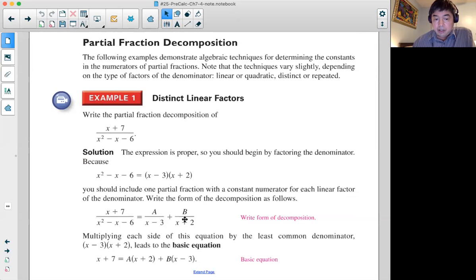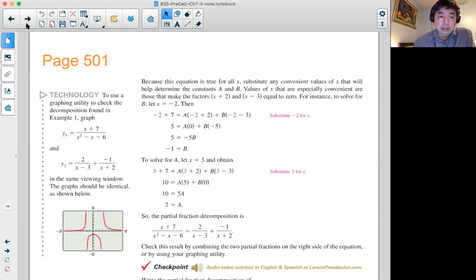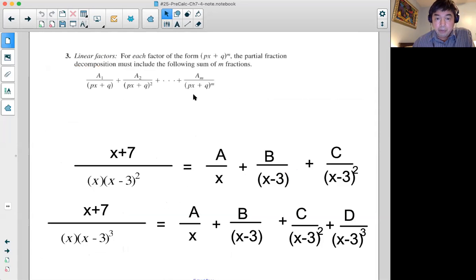The other factor is going to be the other fraction, and you use constants A, B, okay? So we keep the same idea, but we're going to have this type of decomposition, so linear factors.